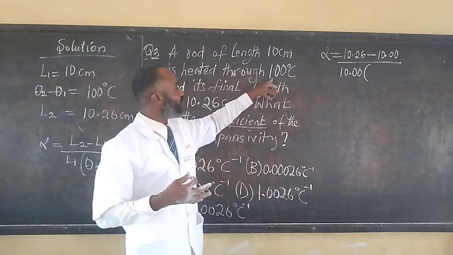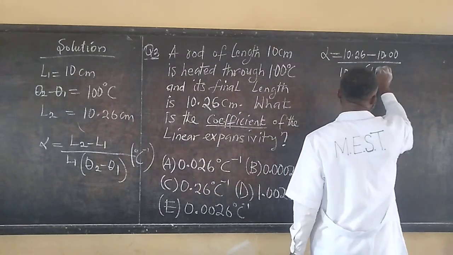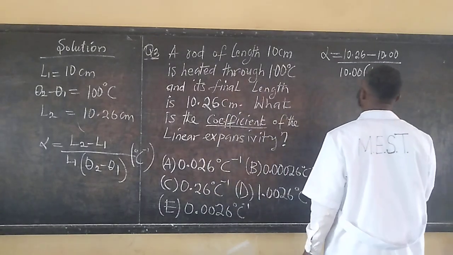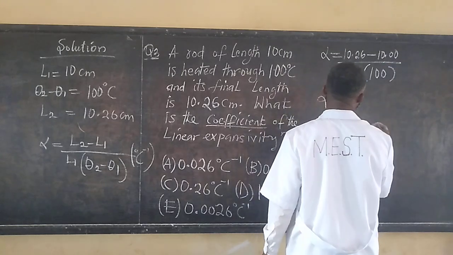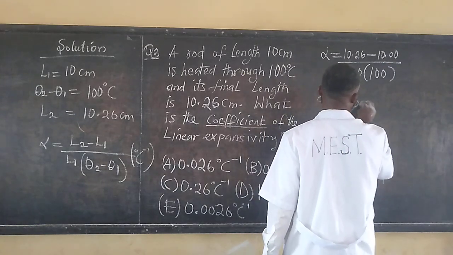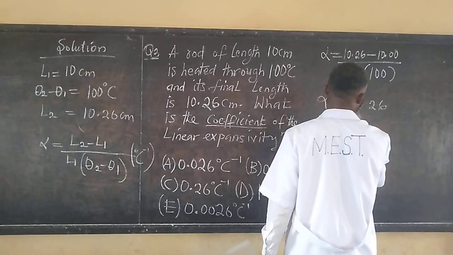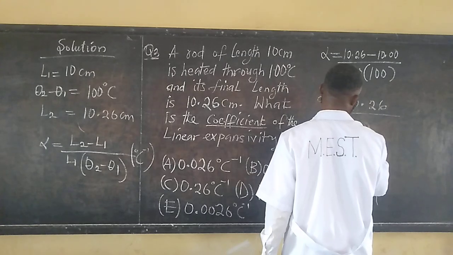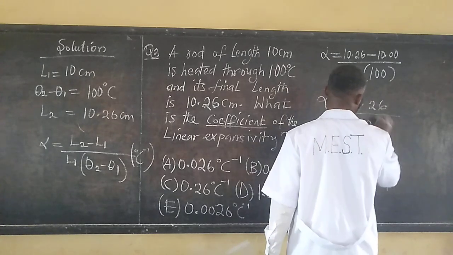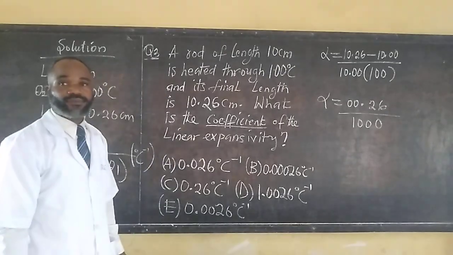That is 100 degrees centigrade, right? So we have 100 degrees centigrade here. And further simplification, we have this minus this is going to be 0.26. And finally, we have 10 times 100 is going to be 1,000. That is it.